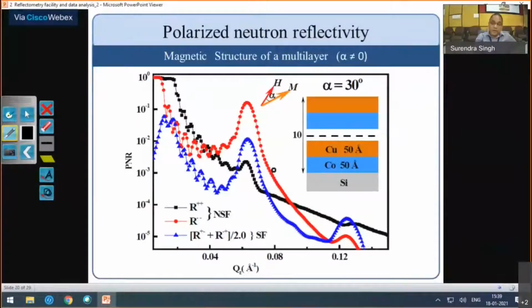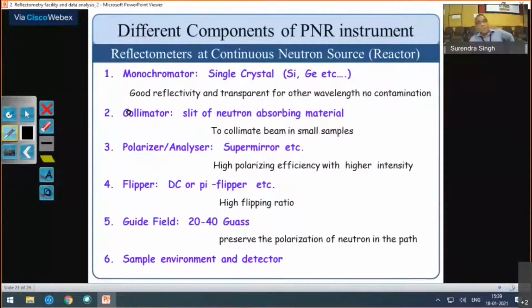So this I have already explained. Typically we have the parts of a neutron instrument with a continuous source. Since we have a continuous source, I am talking about that only here. So we need a monochromator. A monochromator is nothing but a single crystal, and using the Bragg reflection we get a particular wavelength. This I will explain also.